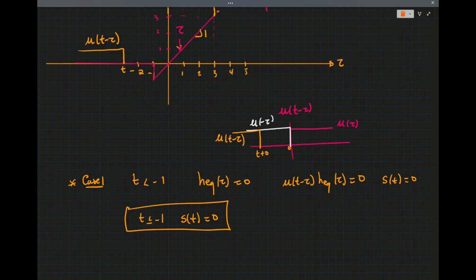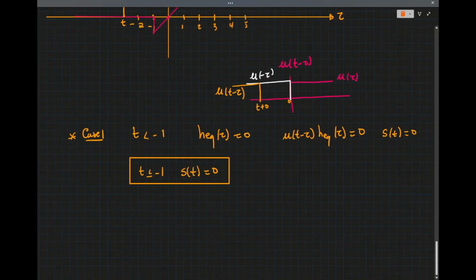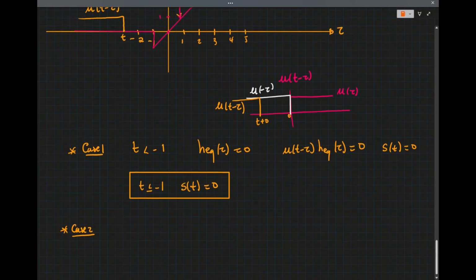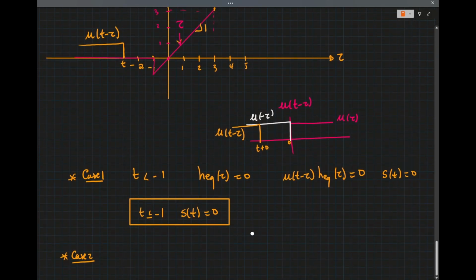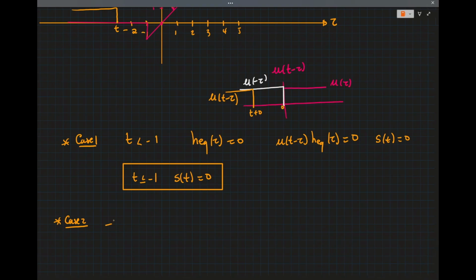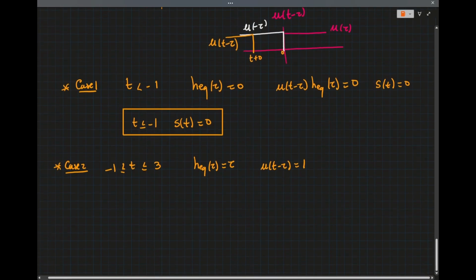So we have that. Now, case 2. When t is between -1 and 3, before we have that transition, so -1 less than or equal to t less than or equal to 3, h of tau equals tau, and u of t minus tau is 1, right?